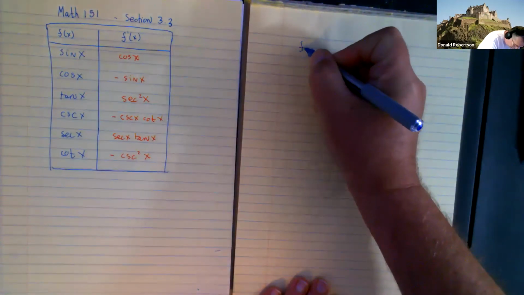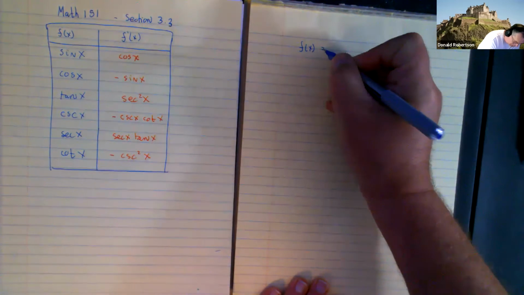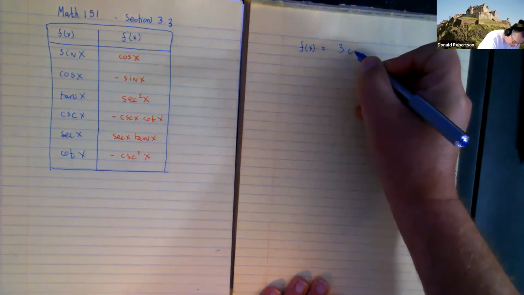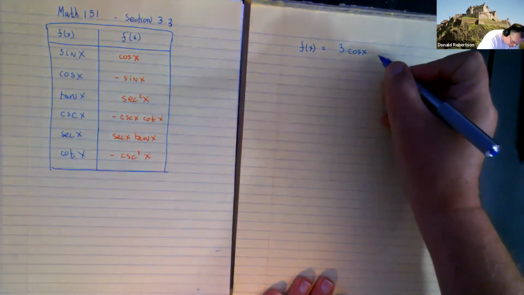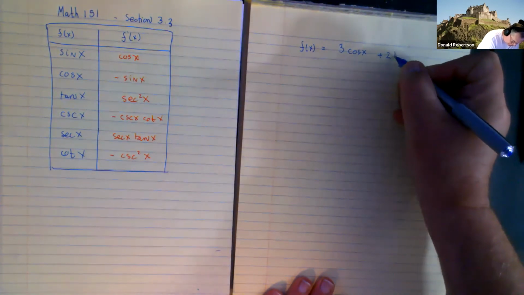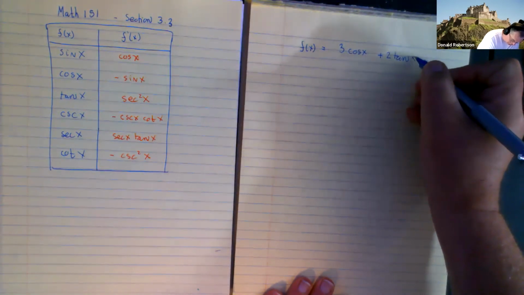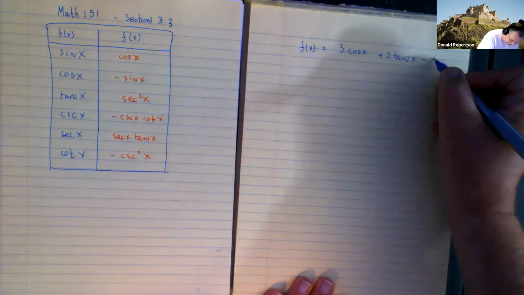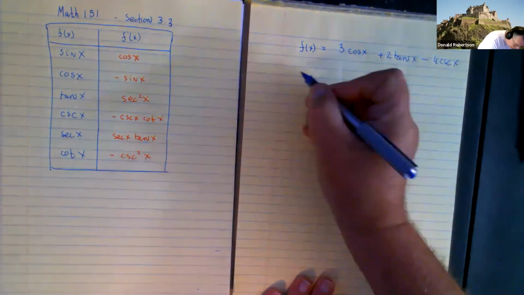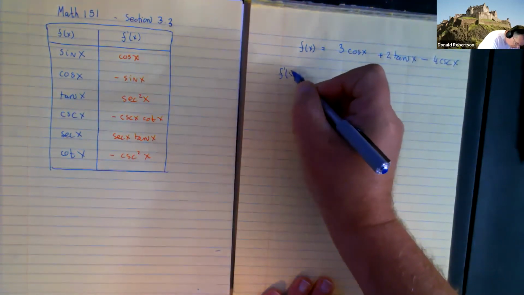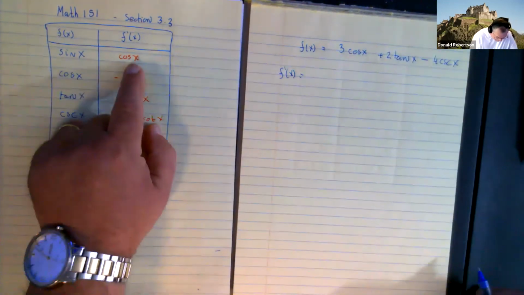So the rules that you typically have already seen still apply. So if you were being asked to, say, differentiate 3 cosines plus 2 tans minus 4 cosecants, for example, it's really just referring to here.